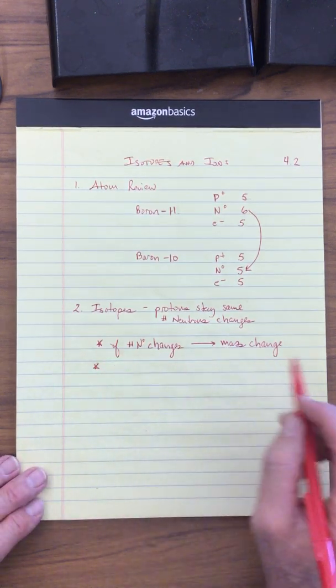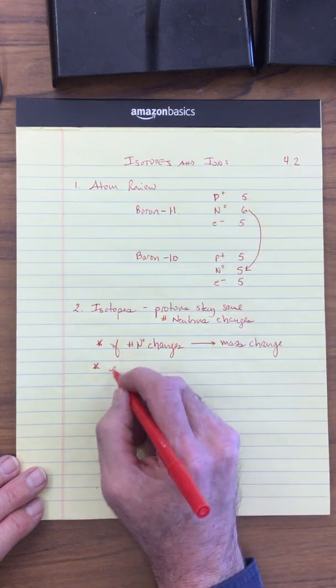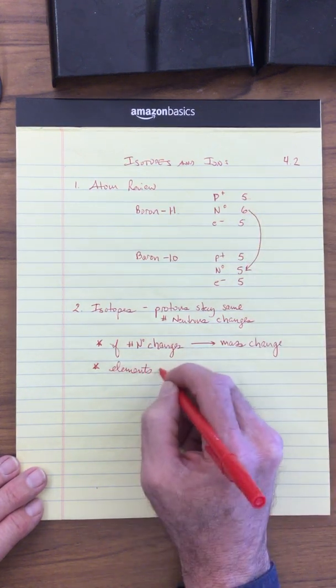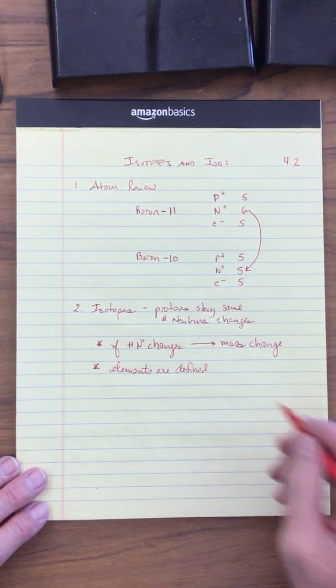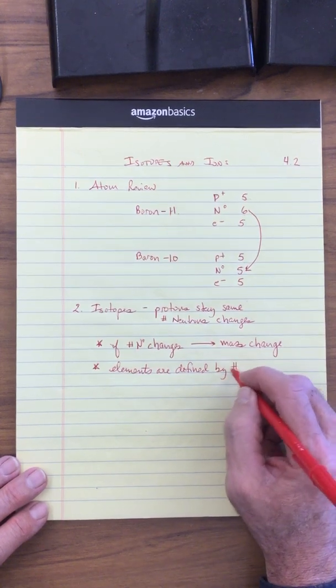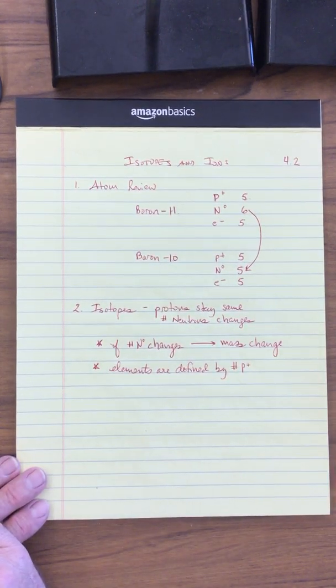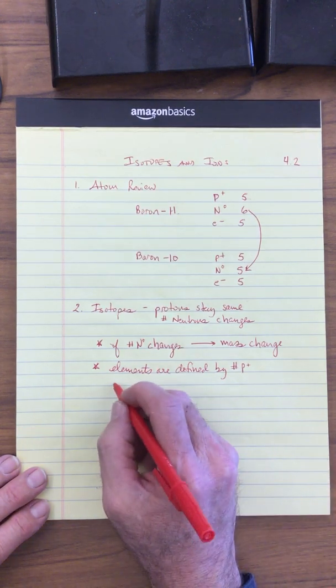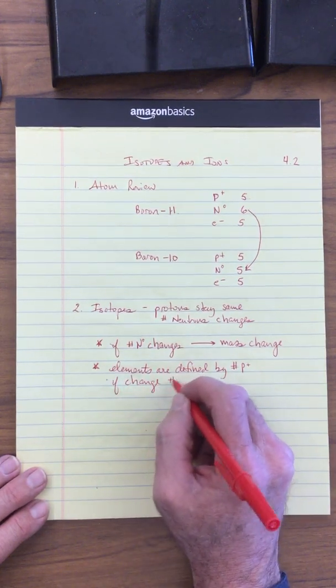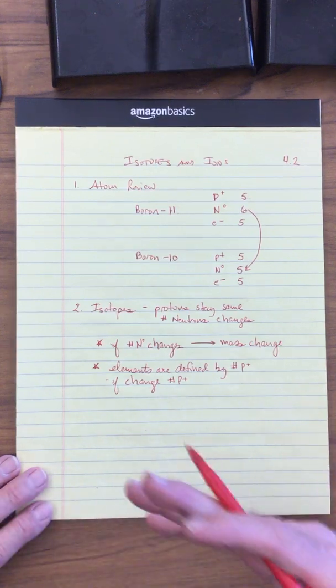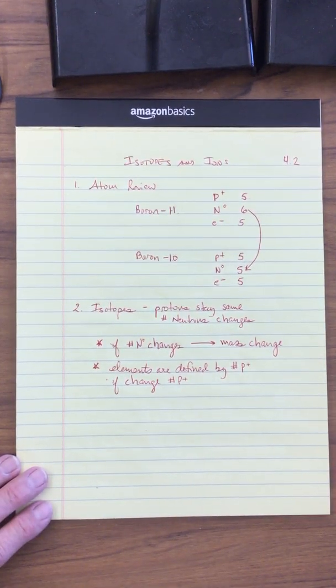So here's another thing, that elements are defined by the number of protons. So if you change the number of protons, we change the element. For example, if we had 6 protons, it's no longer boron anymore.